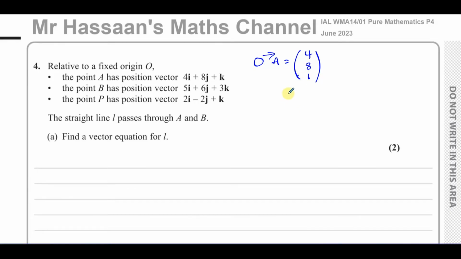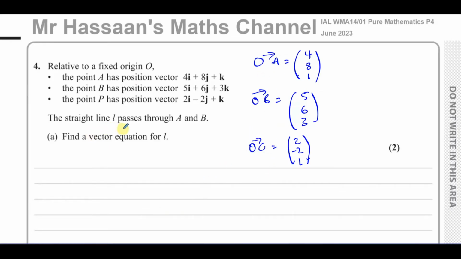We have the vector O to B, which is 5, 6, 3, and the vector O to C, which is 2, minus 2, 1. So those are the position vectors of A, B, and C.